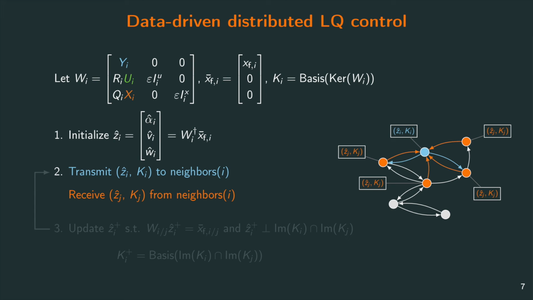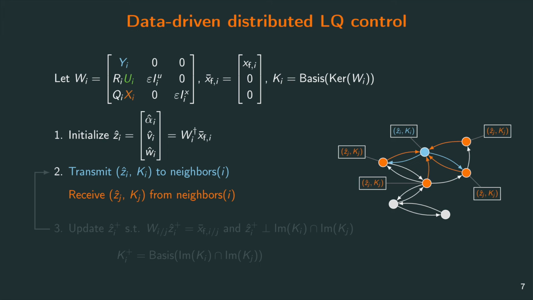The second step for the algorithm is therefore to start sharing some data among the subsystems. But instead of sharing matrices W sub I, which contains the full database of each subsystem, we share K sub I, which is its null space.